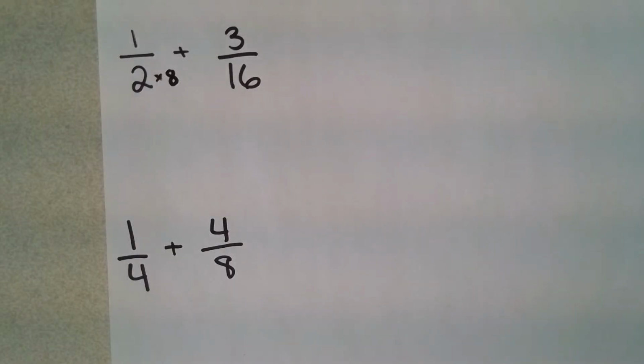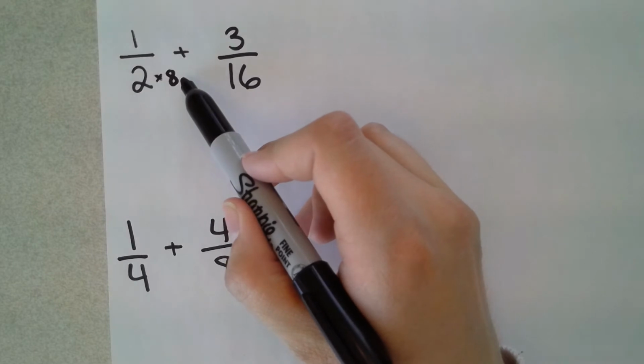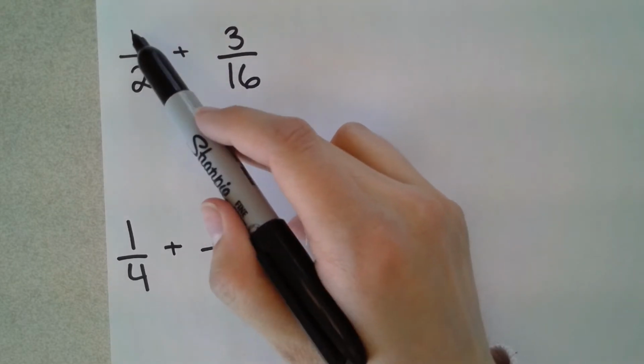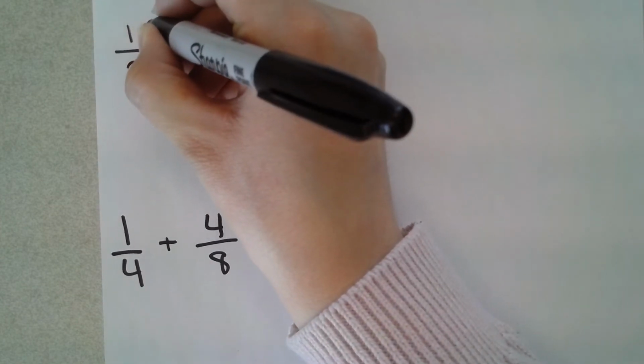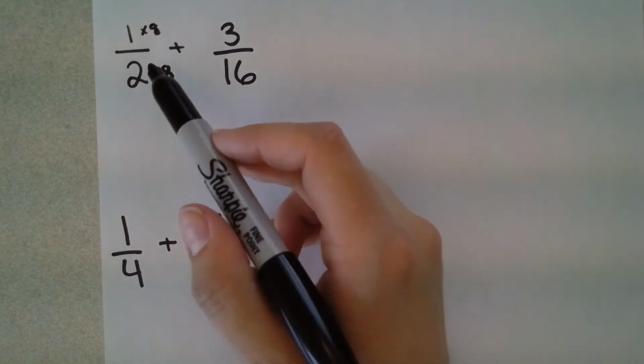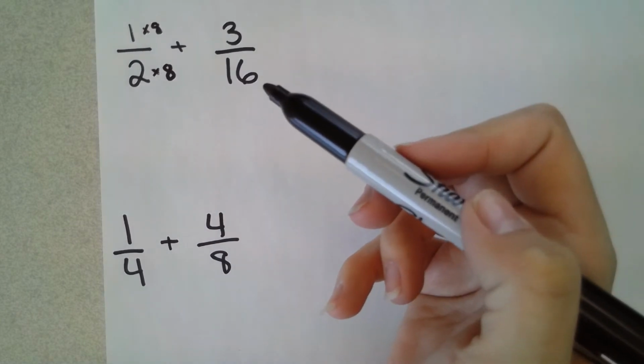And so then that means that because I'm doing this to the bottom number, I also have to do the exact same thing on the top. So I'm going to do 1 times 8. Okay, now just so that we don't get confused, what I like to do is I like to rewrite these fractions underneath as my new question.